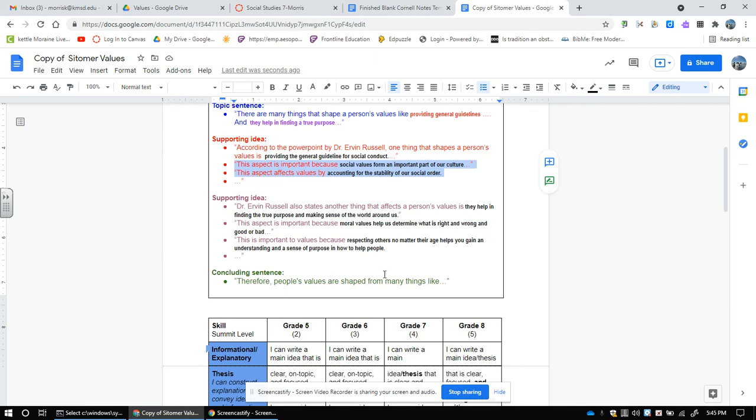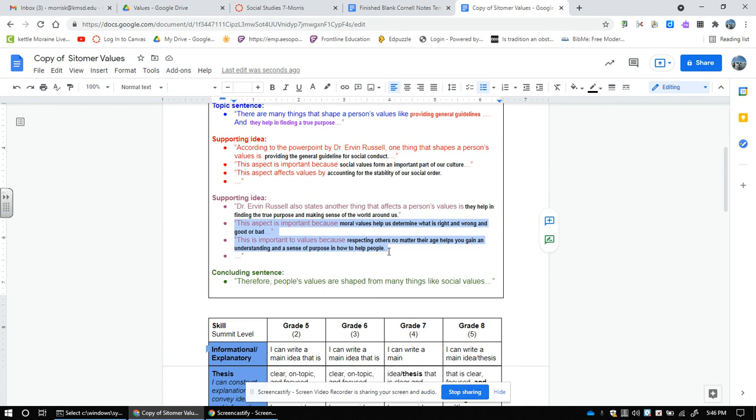Therefore, people's values are shaped from many things like, well, I'll say like social values, because I got it right here. And then down here, because I don't want to use anything up here, and I kind of touched upon it in my first purple sentence, I'm going to look here for my second part.